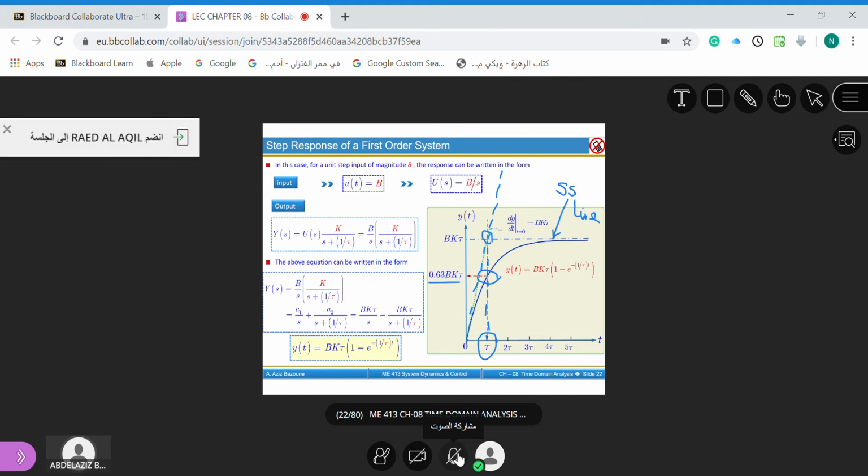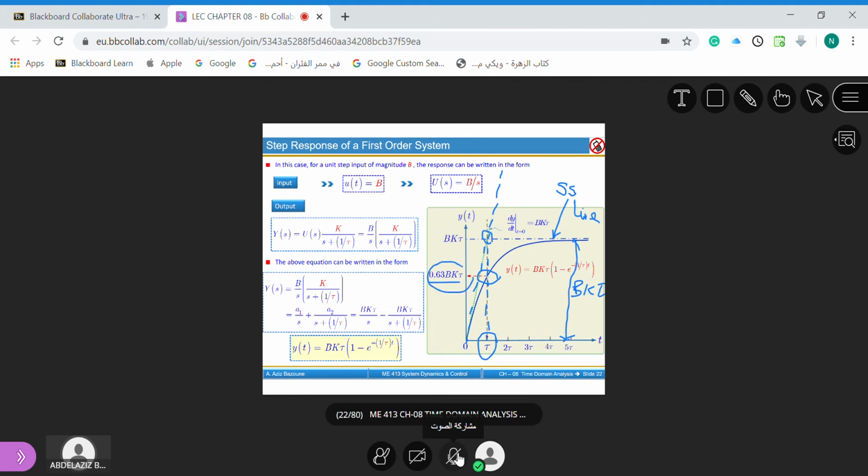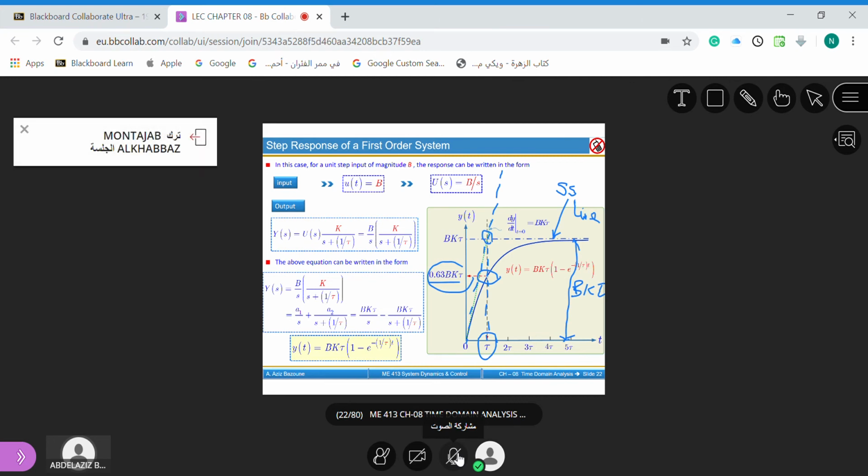If from here to here we have BK tau, then when t is equal to tau, the response is at 0.63 BK tau. And this is known as the response for a first order system.